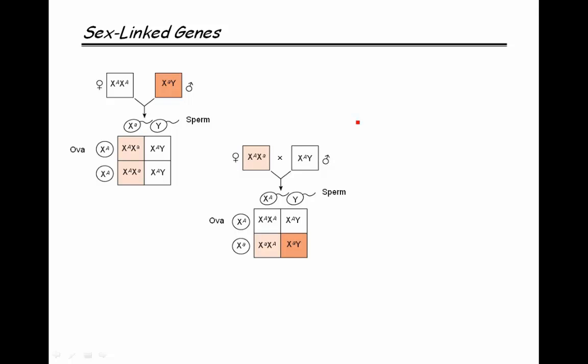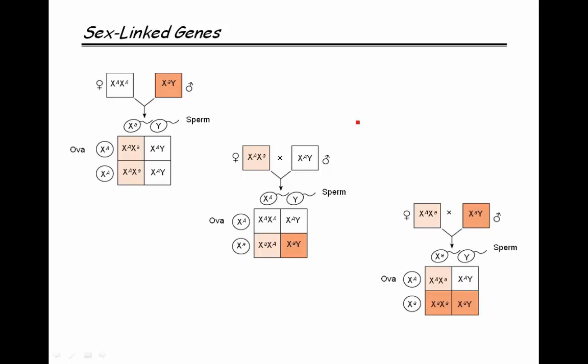If we were to switch it up a little bit and we have a heterozygous female crossed with a dominant male, now we have 3 parts dominant looking offspring and 1 part recessive offspring. If we switch it up again and we have our heterozygous female crossed with, say, a recessive male, now we've got some recessive looking males and female offspring.